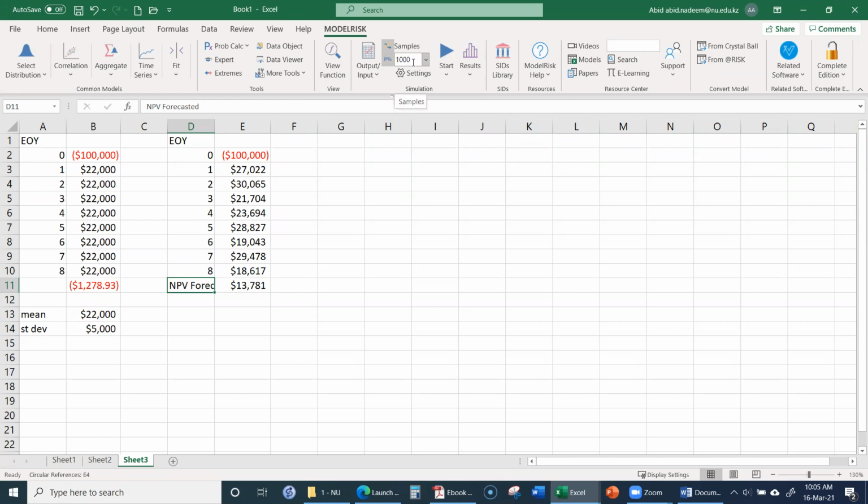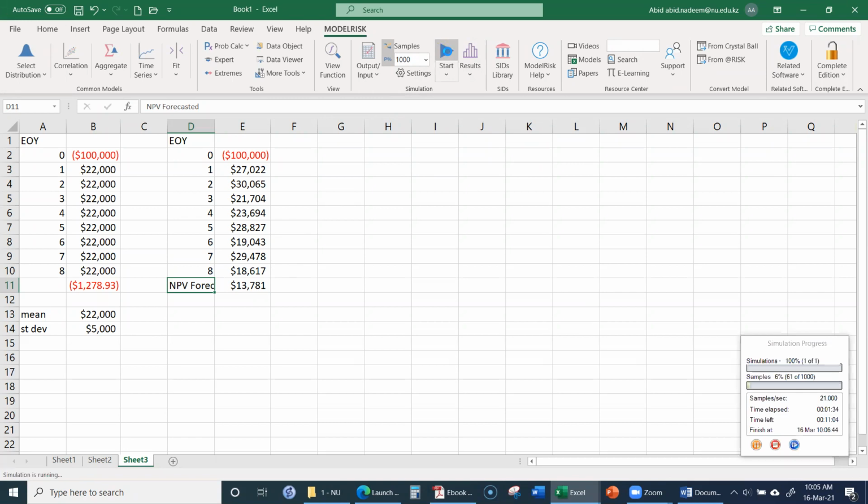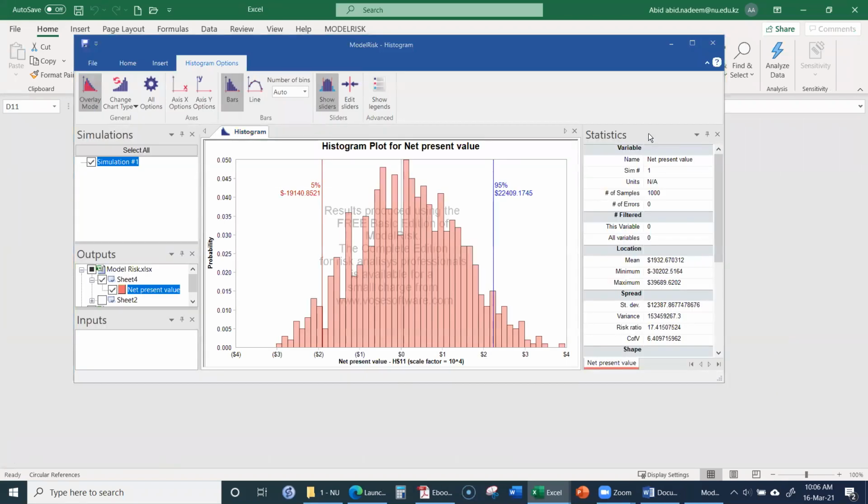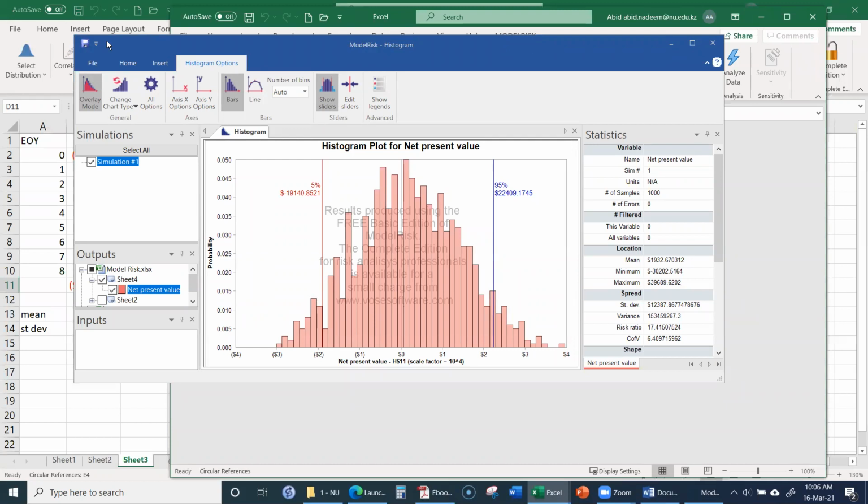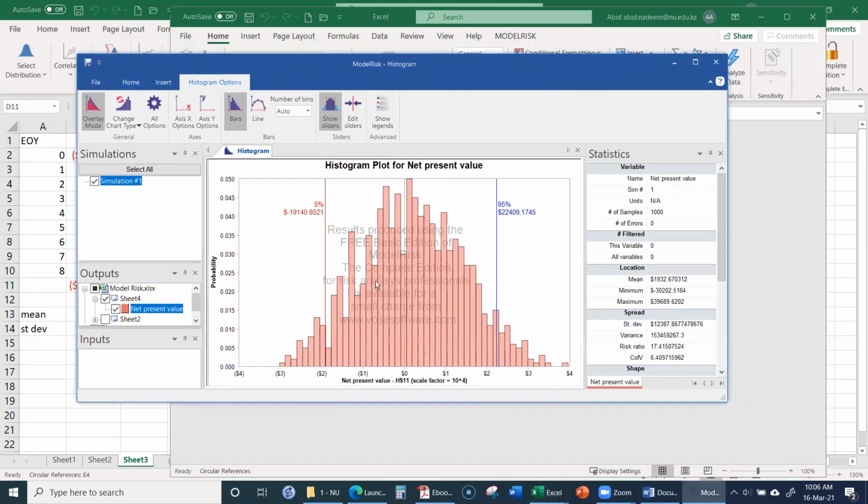So 1,000 samples have been taken, which means that this value of the net present value will be calculated 1,000 times, and then its distribution will be shown in front of you. You will click start, and then on the right hand side the simulation will be taking place, and the program will give you these results.